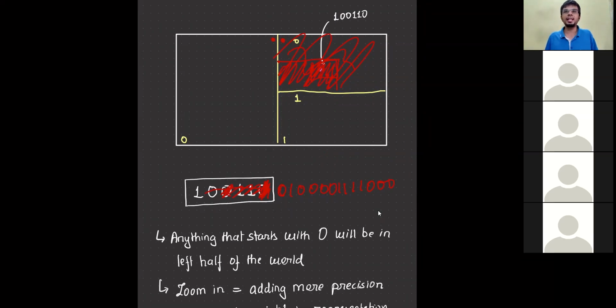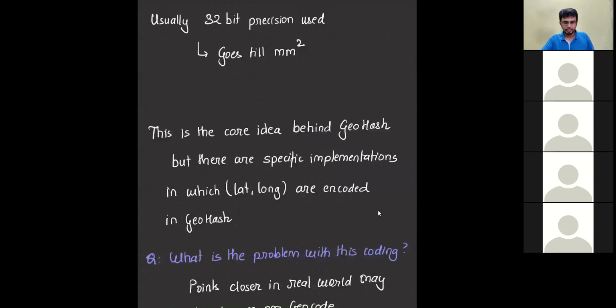So effectively, any data structure that could help you do very efficient prefix matching is what you should be using here. We'll talk about which data structure to use to solve this problem. But yeah, this is the heuristic, the intuition behind building a geohash sort of thing. Okay.